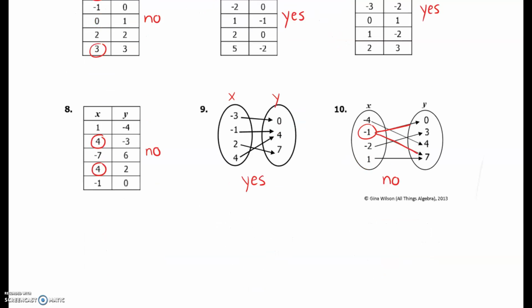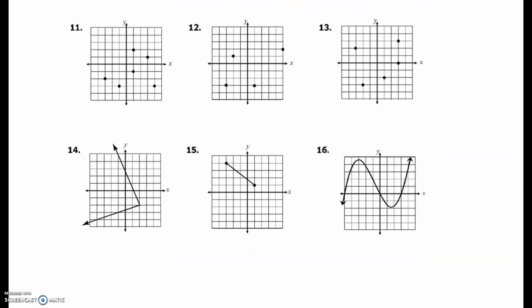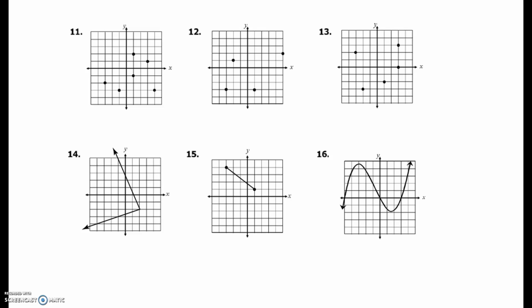So if you flip the page, you notice we have several graphs on the back. If I was to draw a vertical line through every one of these dots, those vertical lines cannot touch more than 1 point. Well, in number 11, this line right here touches 2 points.